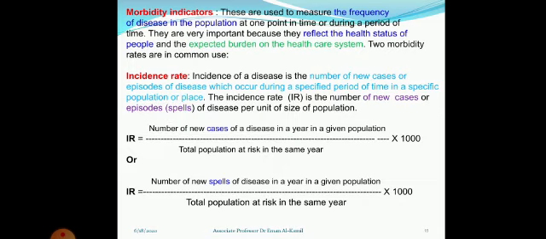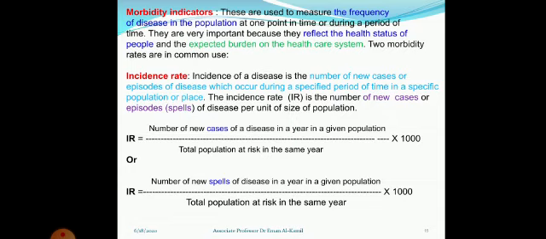The incidence rate reflects the number of new cases of the disease. How many individuals will develop a specific disease in the community this year? For example, how many individuals have COVID-19 this year? They are new cases, so it calculates the number of new cases.